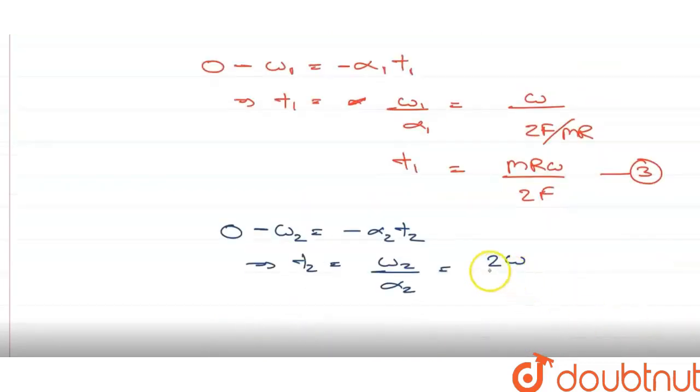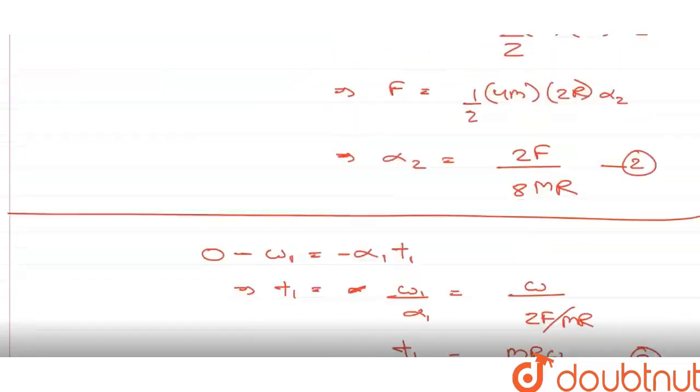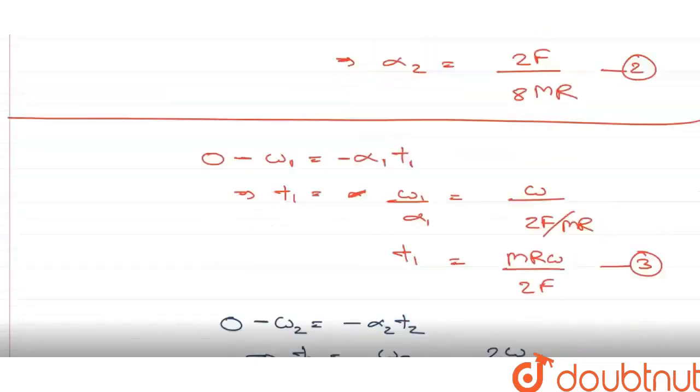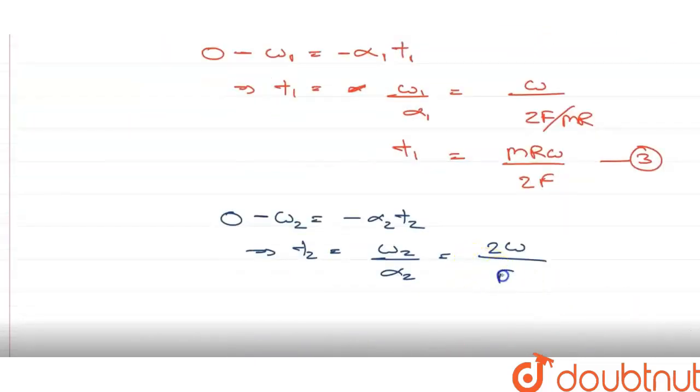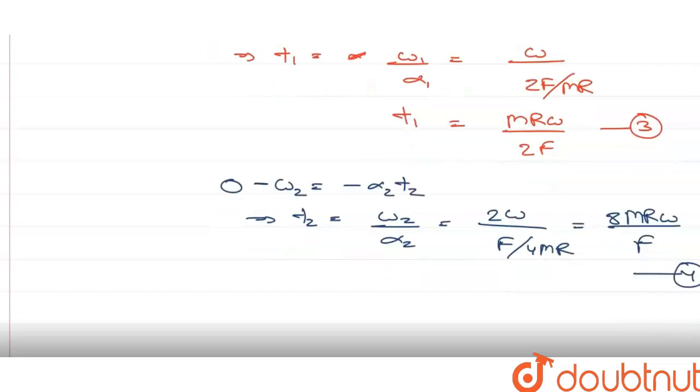So 2 omega by alpha 2, which is 2F by 8MR, which means F by 4MR. So t2 is equal to 8MR omega by F. This is equation number 4.